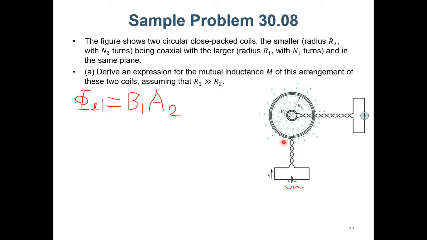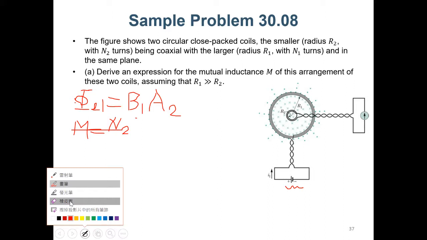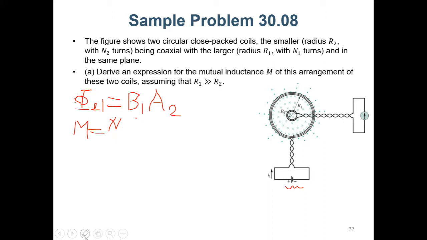So for this case, the magnetic flux for coil 2 due to coil 1, we write as phi 21 equals B1 A. And actually we have M equals N2 phi 21 over I1.